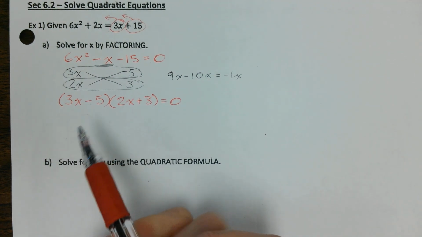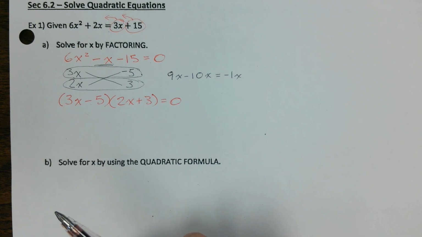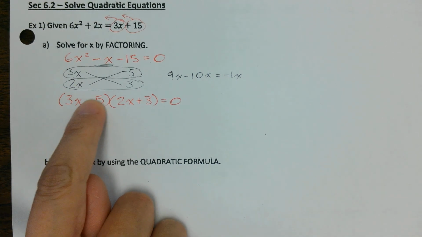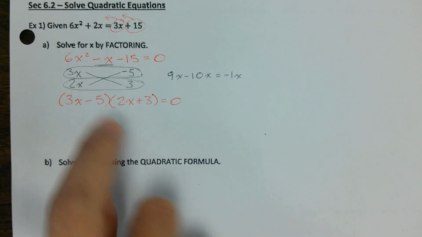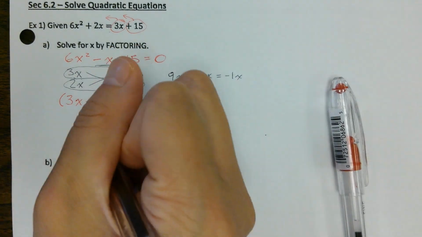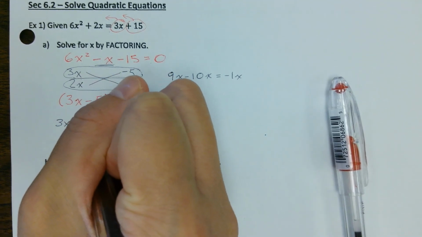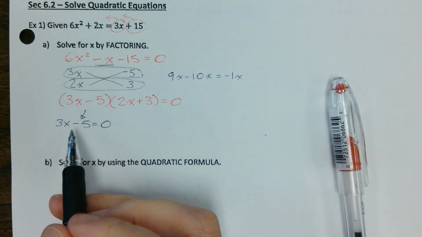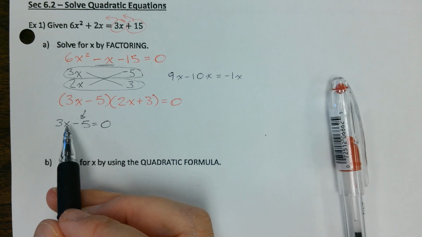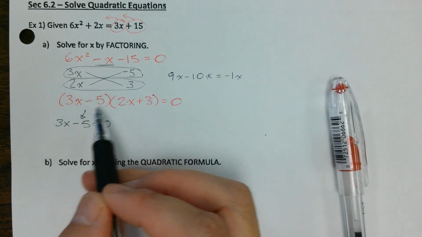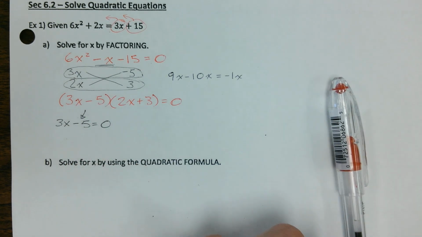You know it. So anything times 0 is 0. I'm trying to figure out for what value of x would make this equal 0. So 3x minus 5 equals 0. When this is 0, that means the whole thing is 0.